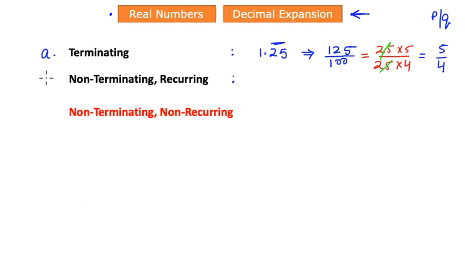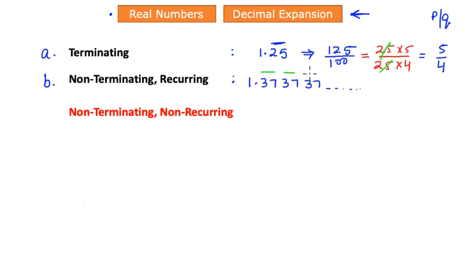Now let us take a look at the second case, what we classify as non-terminating and recurring. So if I were to write a number such as 1.37, 37, and 37, and so on, basically the decimal digits 3 and 7 continue to repeat forever in this pair 37.